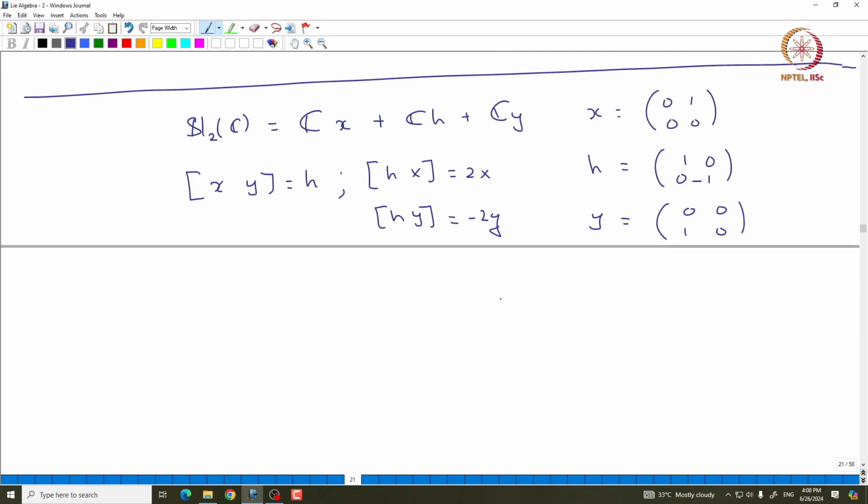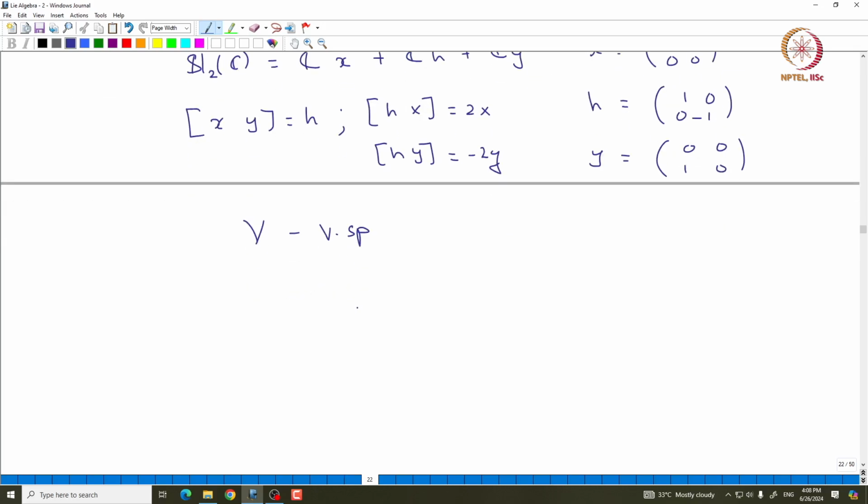Here are some examples of representations of SL2 of C. If you are interested in constructing a finite dimensional representation of SL2 of C, suppose V is given to be the vector space.